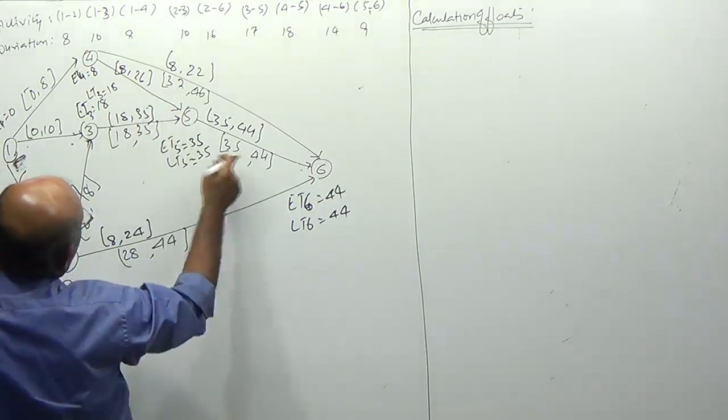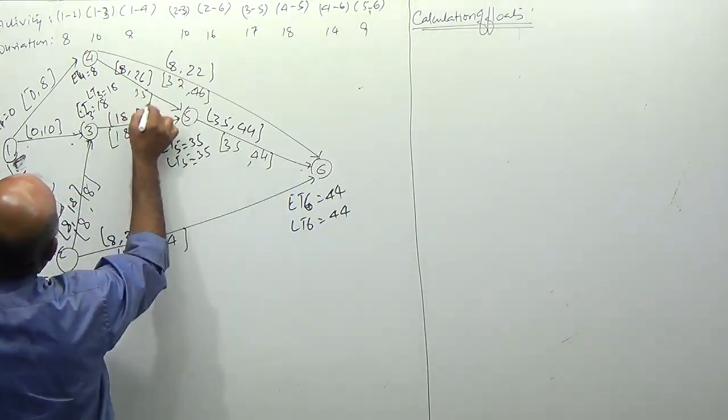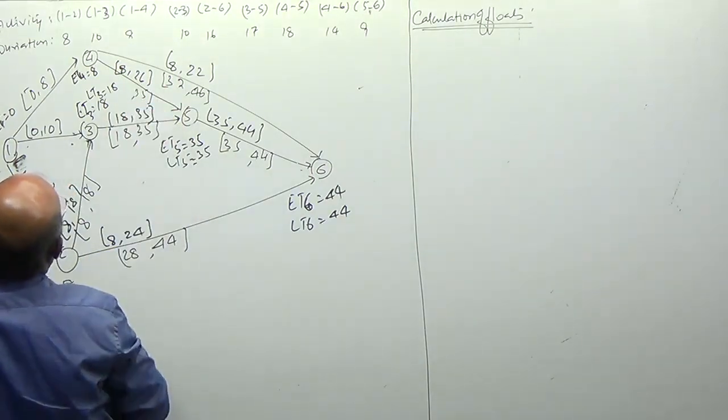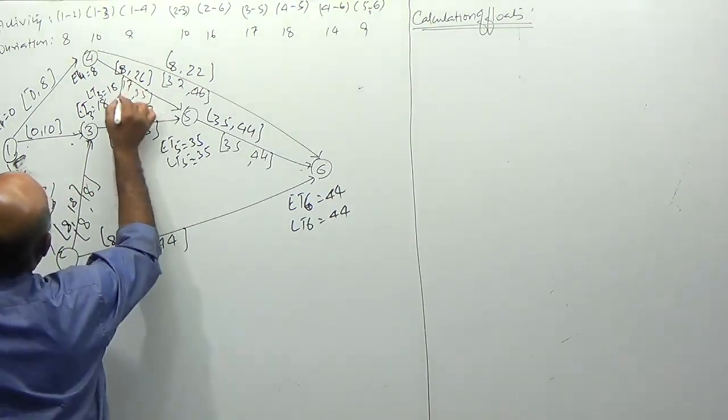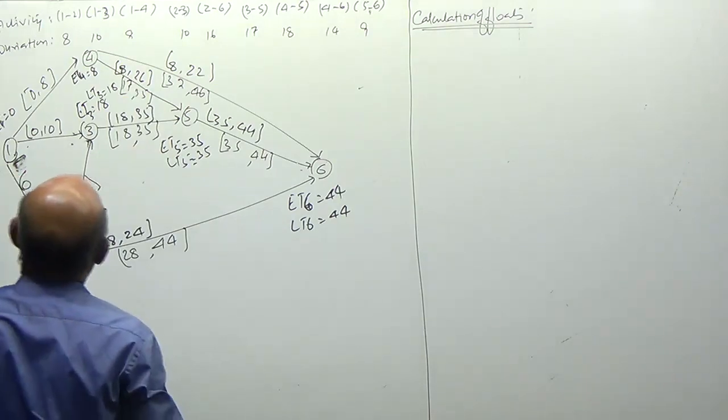This way I have to move. 35 minus 4-5, which will take 18 days, so 17.